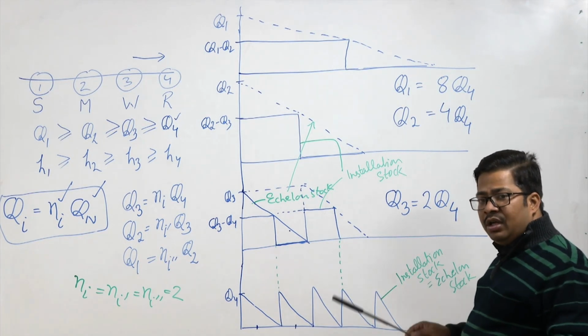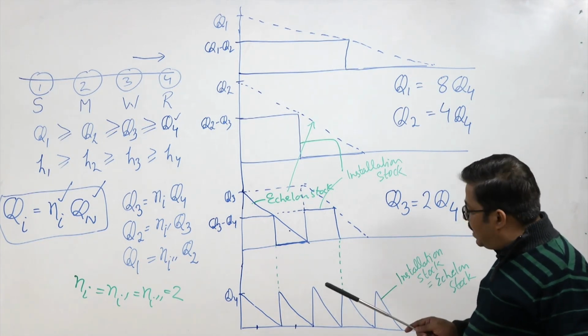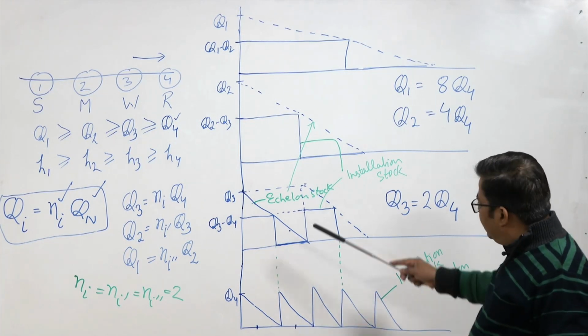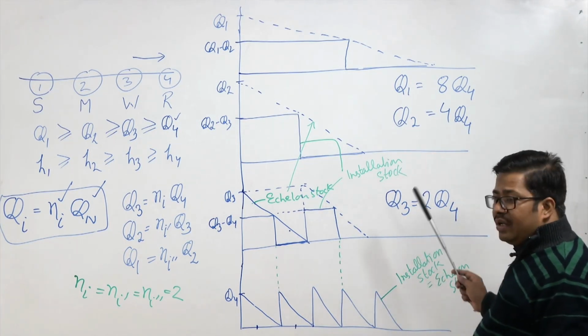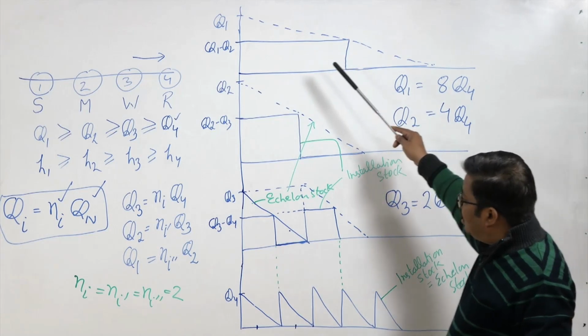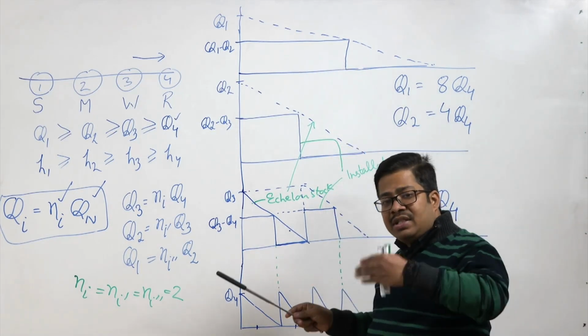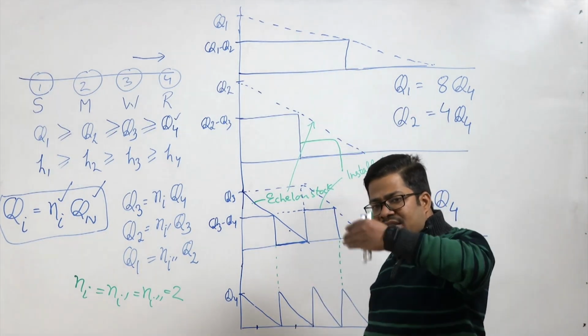Because of odd and even values of Ni's, I cannot make cycles of my supply chain such that all these cycles start and end in the same manner.